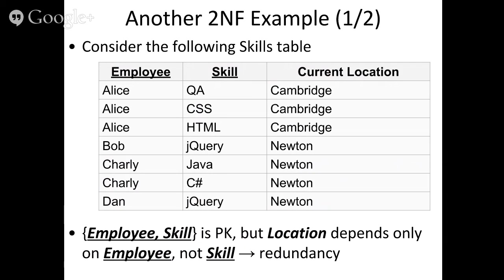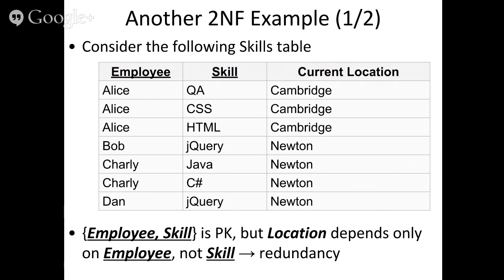We have the current location depending on who? It depends on the employee. Given the employee, I should know where they are. They can only be one place, they can't be in two different places. Knowing the employee, I know the current location. So there is a dependency, but it depends on half the key.